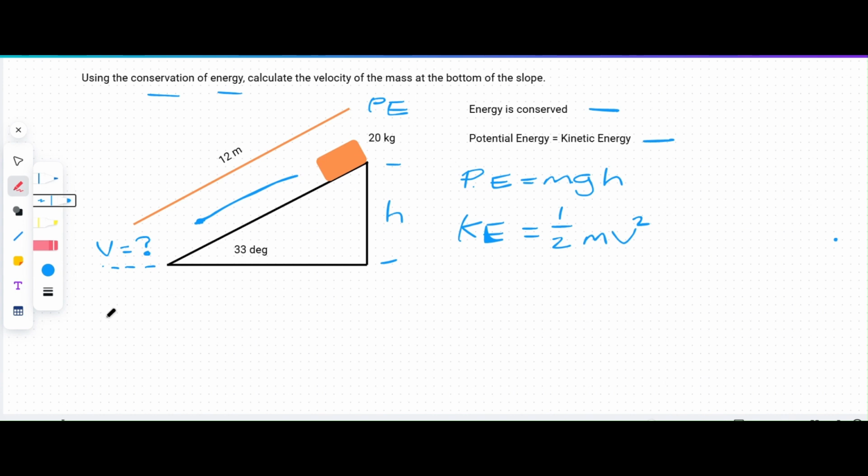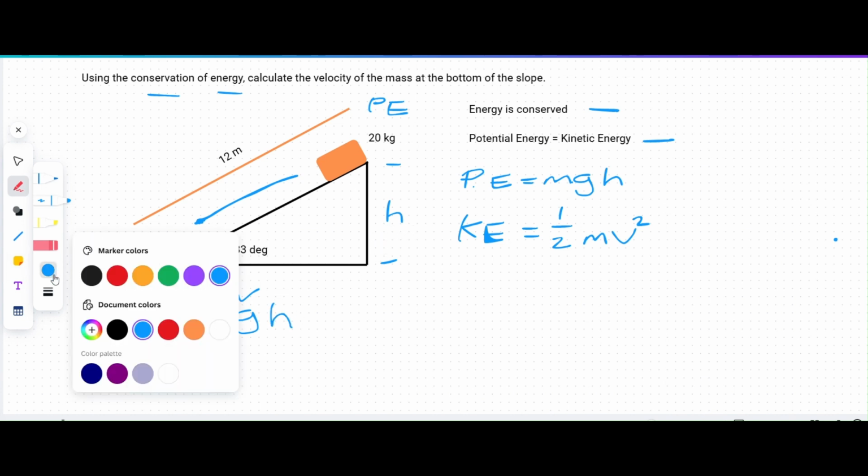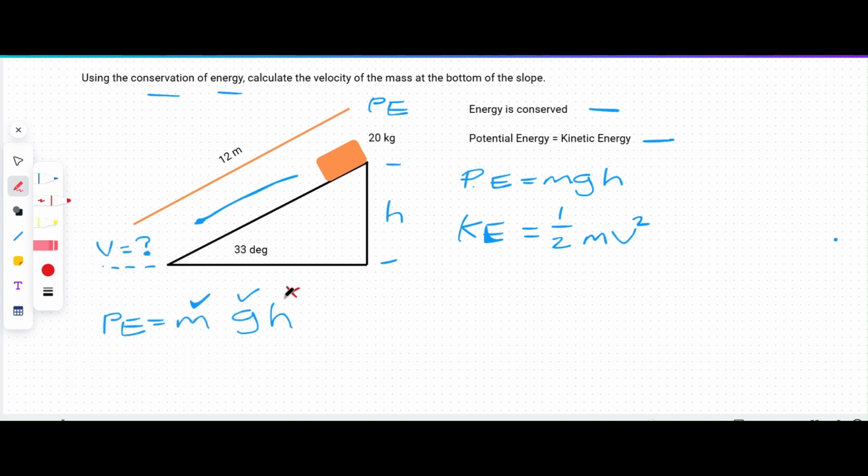Okay, and we know that potential energy is mass, which we know, tick, is 20 kilograms, times by gravity, which we know is 9.81, times by height, which we don't know. So we've got to find the height.